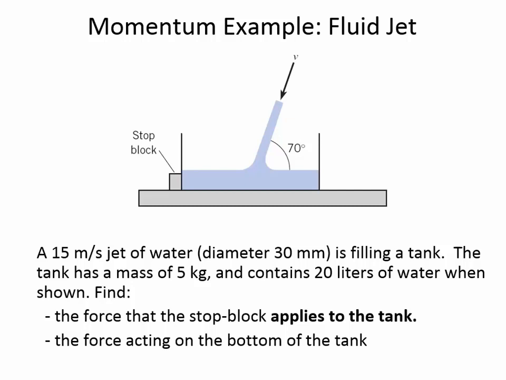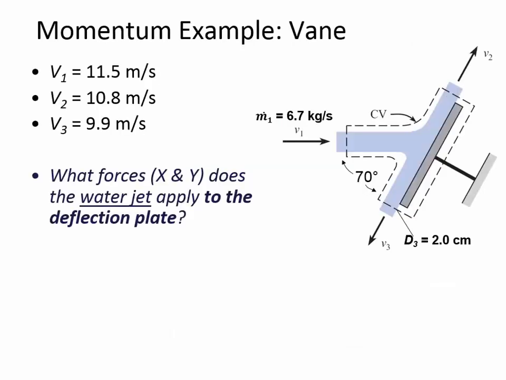For those of you who have already looked at the homework, I think you'll realize that this is pretty close to one of your problems. So here is a vane, and it's deflecting the direction of flow. Now in problems like this, sometimes they tell you that the magnitude of the velocity is the same after the impact, meaning that it didn't slow down from coming into contact with the deflector plate.